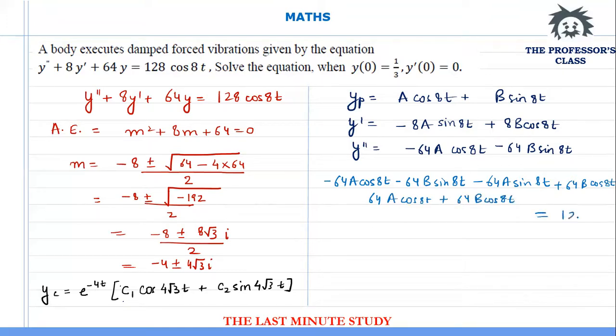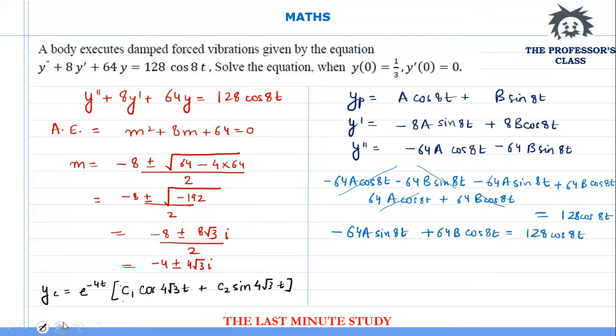This whole thing is equal to 128 cos 8t. So this cos term will get cancelled by this cos term, and this will get cancelled by this one. So I'll get only this equation left: minus 64a sin 8t plus 64b cos 8t equals 128 cos 8t.